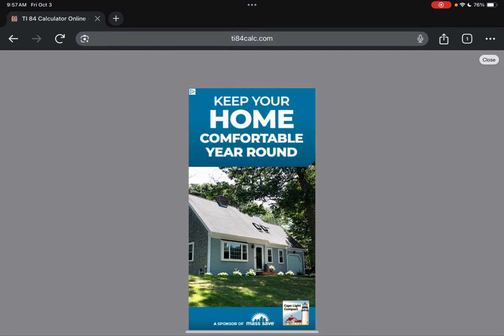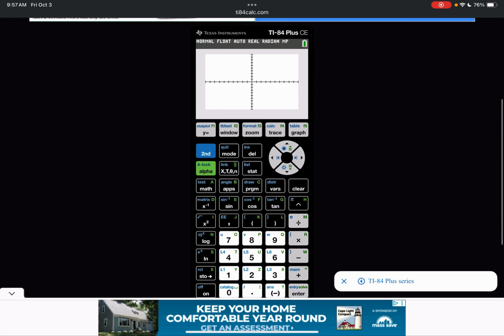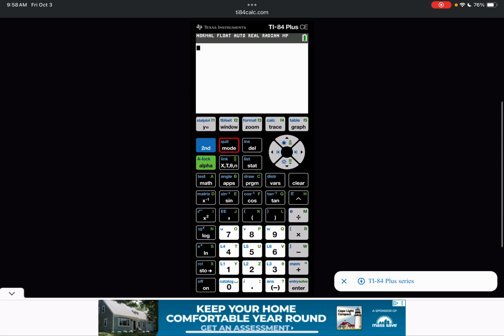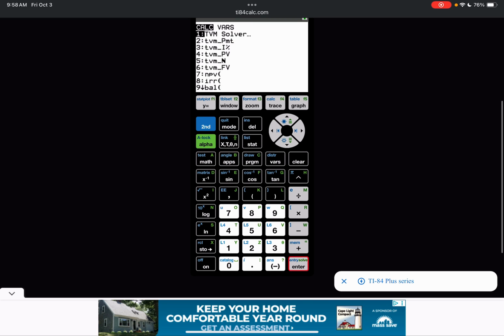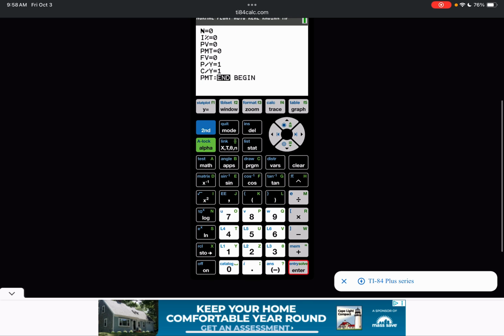So if we go to our calculator, get all these ads out of the way, we're going to go apps, finance, TVM solver. Remember our n, that's our number of periods compounding. So 3 years times 12 months each year means 36 total compounding periods. 5% interest rate.